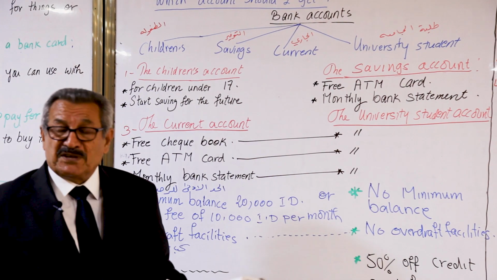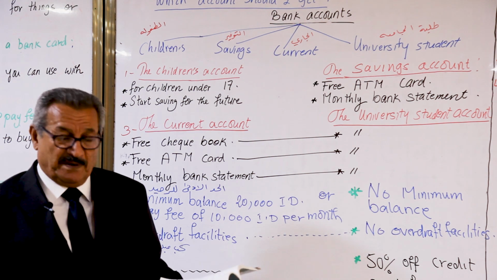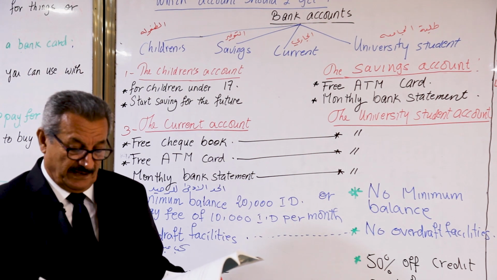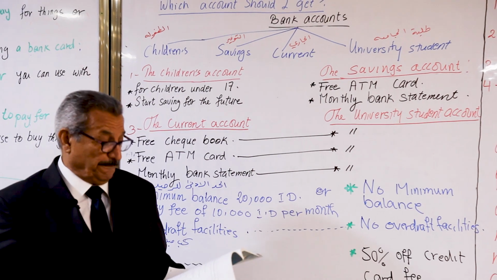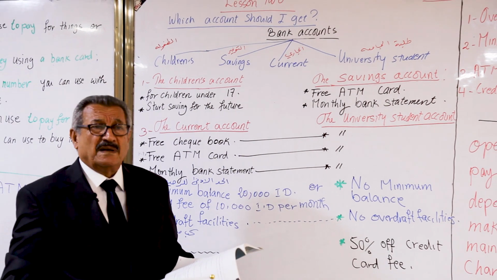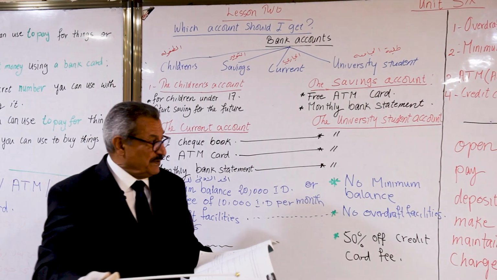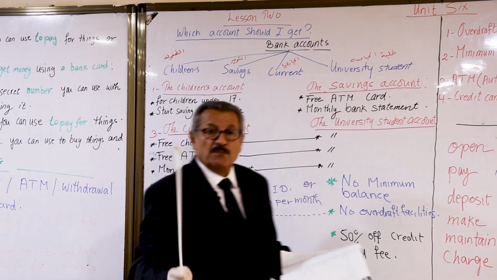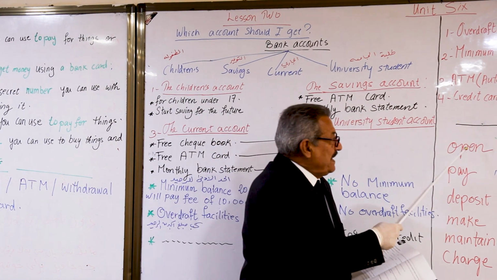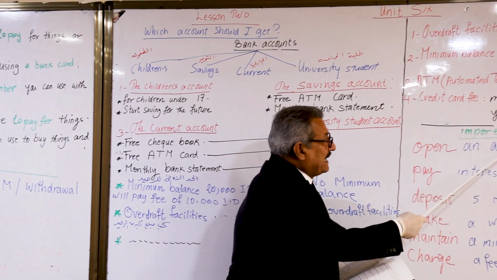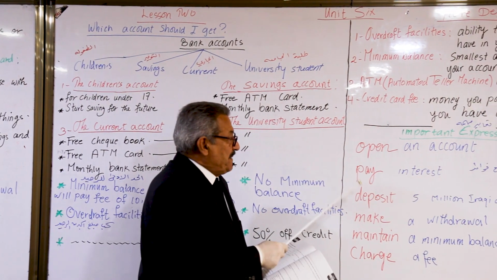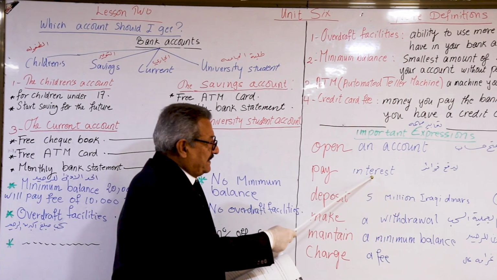As for exercise B in the same page 121, these are idioms. What do we use with open? We have to memorize them. We open an account. We pay interest.